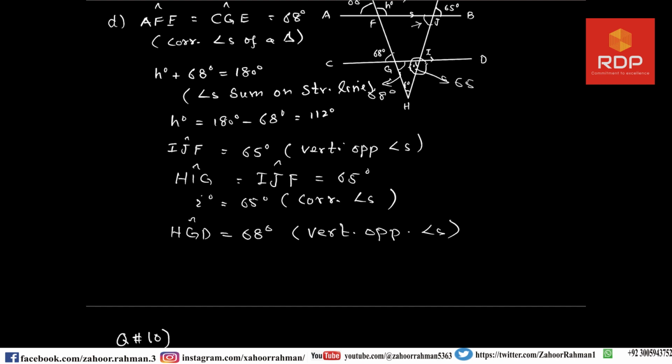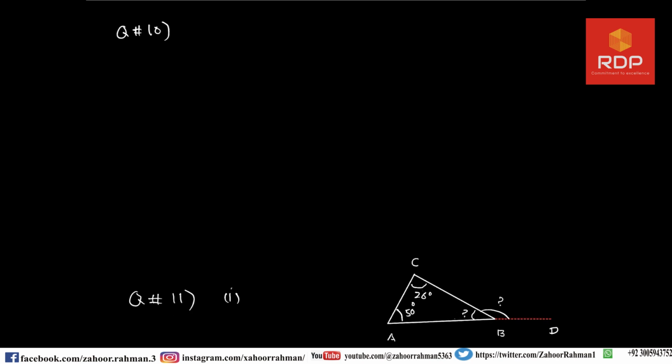So we can find by writing f degree plus 68 degree plus 65 degree is equal to 180 degree, and we can write that f is equal to 180 degree minus 68 degree minus 65 degree, and that is equal to 47 degree. Now that was the whole story about the D part.